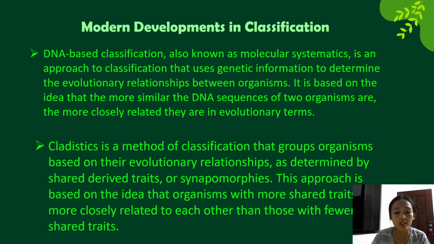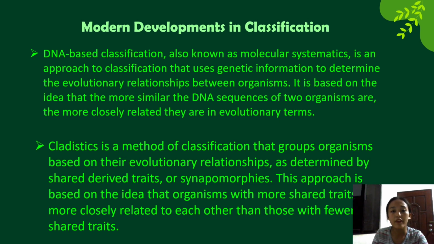DNA-based approaches used in the identification and classification of species of bacteria include DNA hybridization, DNA fingerprinting, and DNA sequencing. It helps us categorize organisms so we can easily communicate biological information of the organisms.